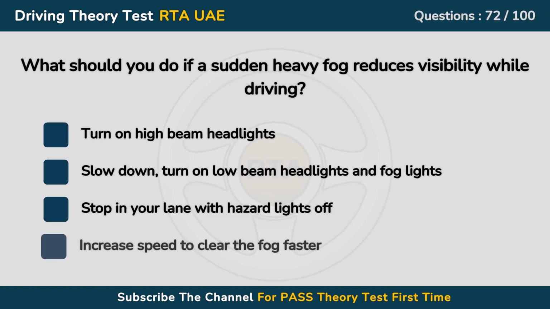Question 72. What should you do if a sudden heavy fog reduces visibility while driving? A. Turn on high beam headlights. B. Slow down, turn on low beam headlights and fog lights. C. Stop in your lane with hazard lights off. D. Increase speed to clear the fog faster.